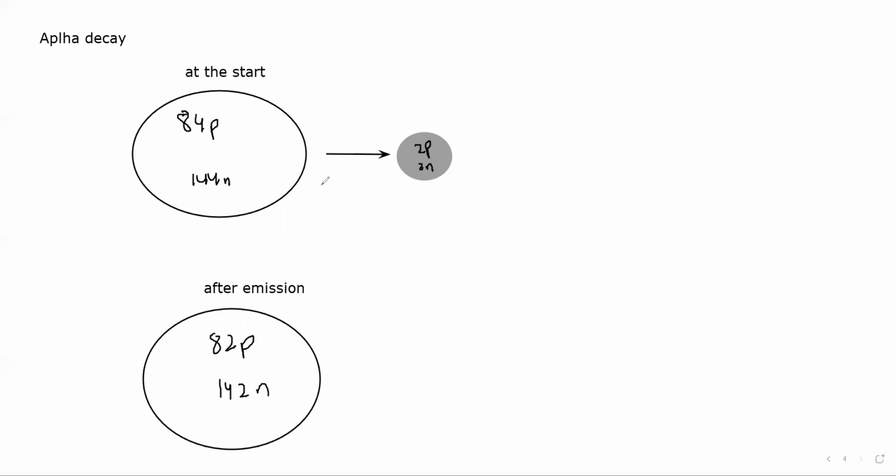Now the question is, what will be the change in atomic number? Atomic number means number of protons. Will it increase by 4 or decrease by 4? What number does it change by? The atomic number will decrease by 2.